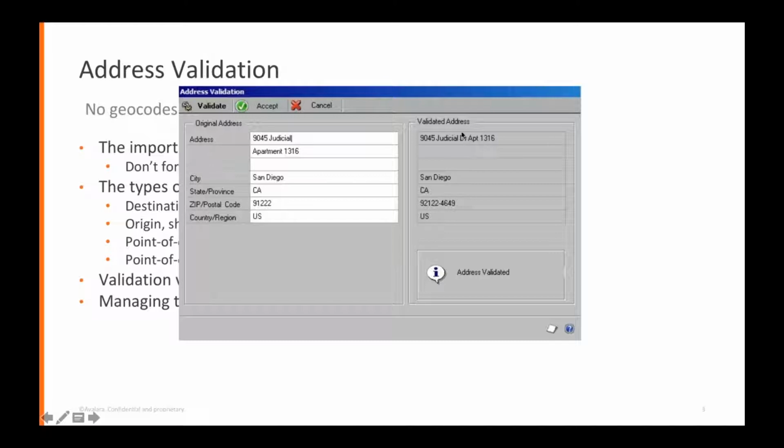You'll also note it added in the drive reference for 9045 Judicial Drive. It also normalized the apartment reference and put that in because this is a U.S. address, the U.S. Postal Service preferred format. So yes, the +4 is important for us, but we provide address validation services to get you to that zip +4.